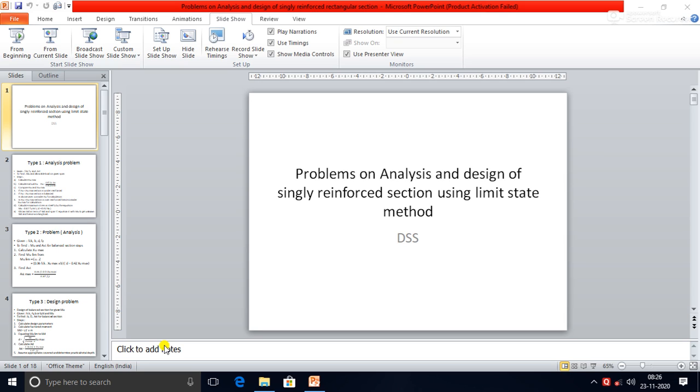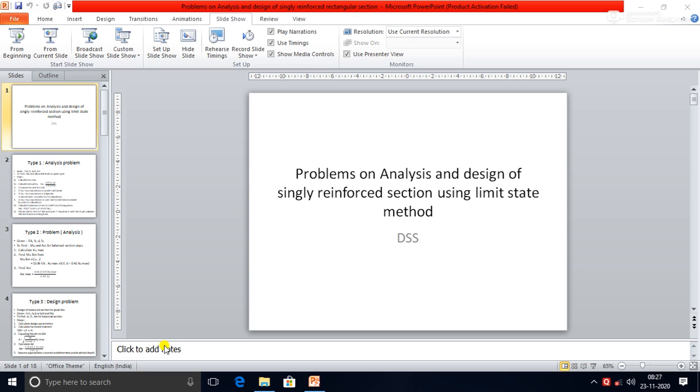These sections are based on the neutral axis of the beam section. The neutral axis is denoted by Xu, and after loading, this neutral axis shifts upwards or downwards. That limit is denoted by Xu limiting.